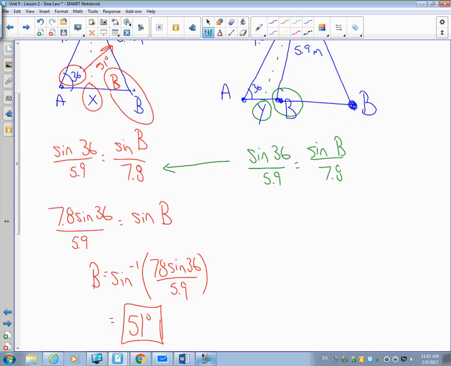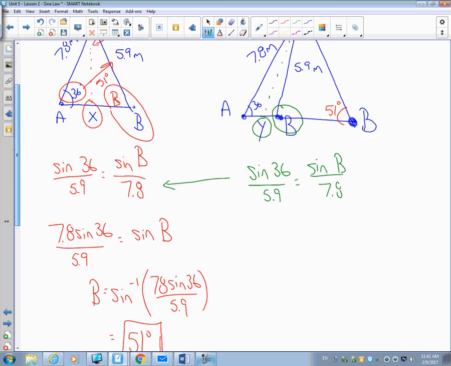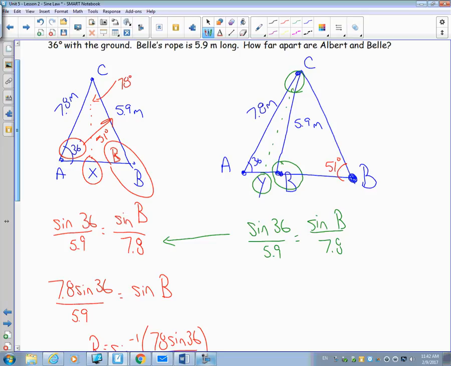That's what B is. But B is here, which means that B is here. This is an isosceles triangle, 5.9 meters, because we don't know which side they're standing on.